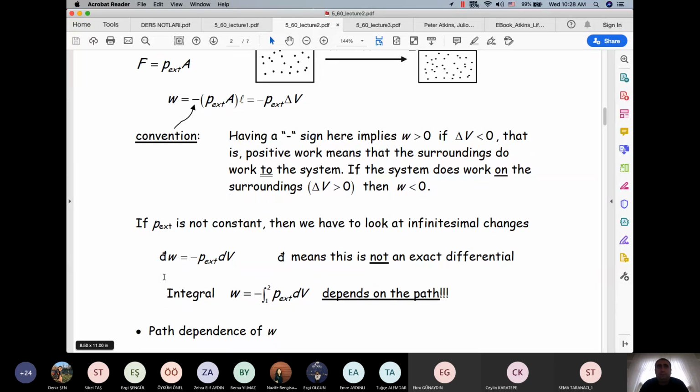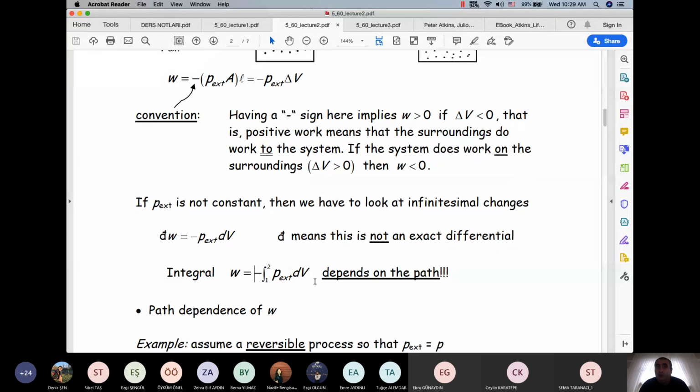But anyways, the infinitesimal change in the work is given by the infinitesimal change in the volume times the external pressure. And the integral from point 1 to point 2, from initial to final state, is given by this formula, which depends on the path.